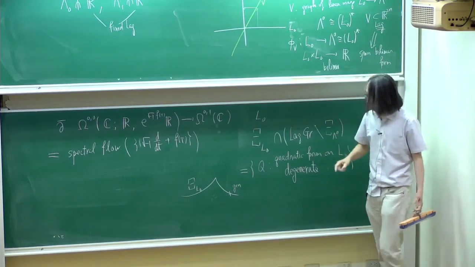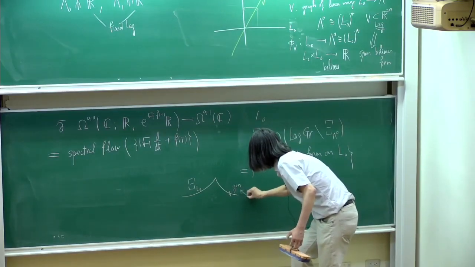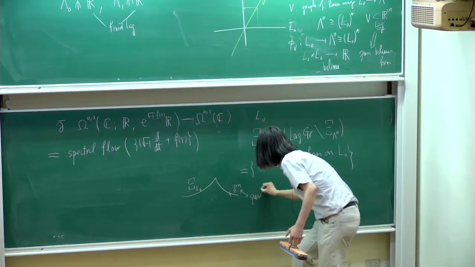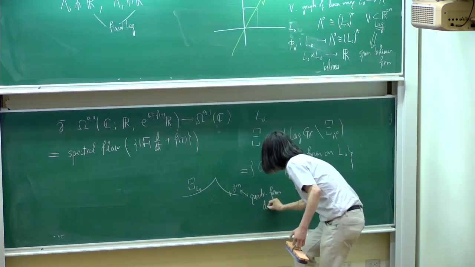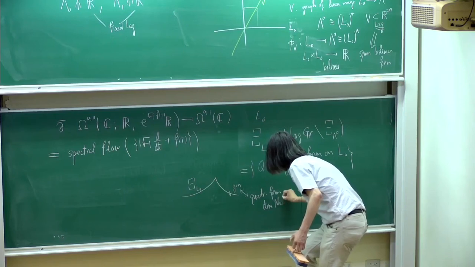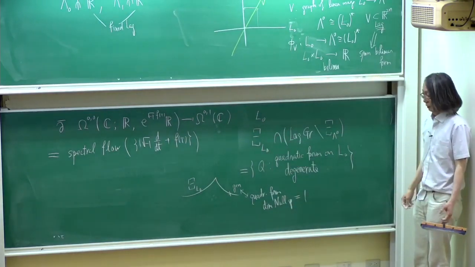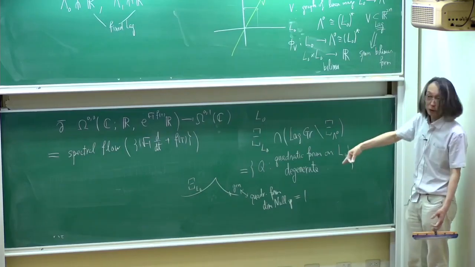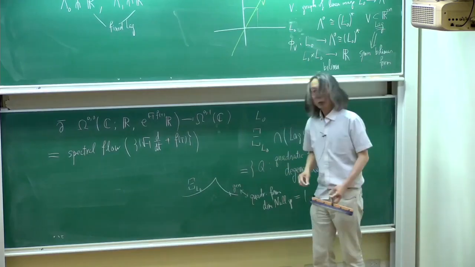But because it's a generic point, the dimension of the null space is just one-dimensional, right? So you have just a one-dimensional null space.